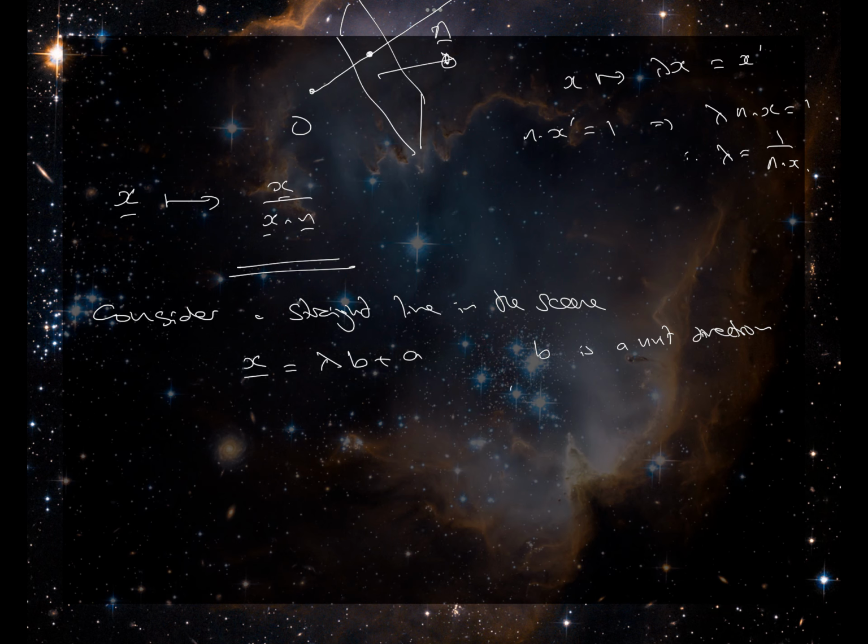Let b dot n be greater than or equal to 0. We can always replace b by minus b if this is not the case. And let's take a dot n greater than or equal to 0. So I can replace point on the line by any other point on the line. If the line is completely behind the observer, we're not really interested in it because we don't see it. Say there is at least one point which is in front of the observer.